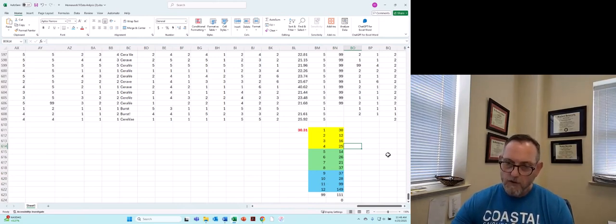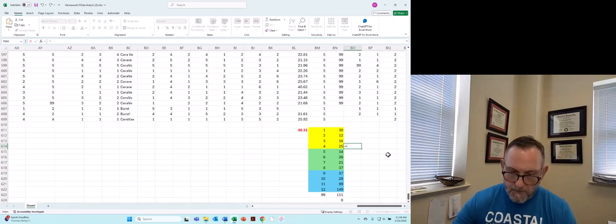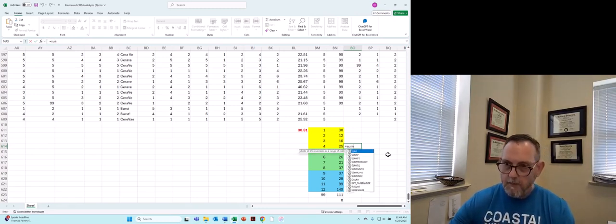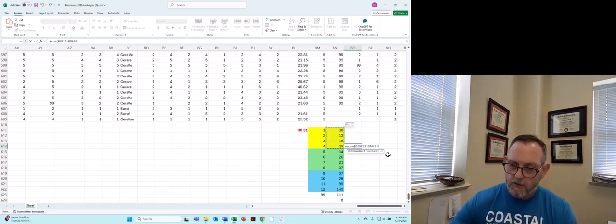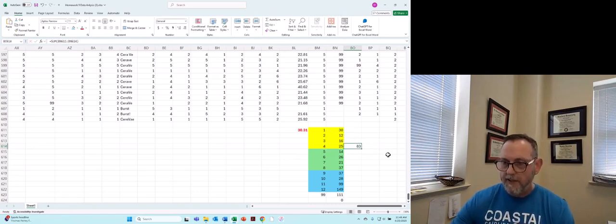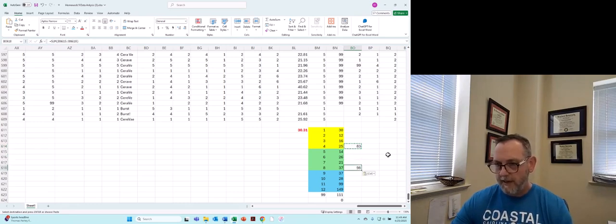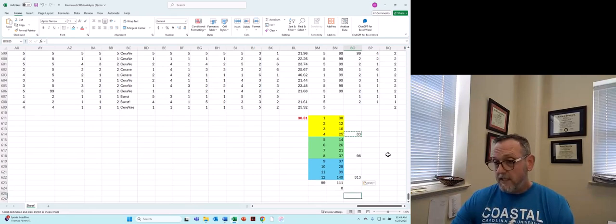So again, we're grinding this out a little bit. We can do a sum of these groups. So 83, what we had earlier, make between 0 and 40,000. Then we have 98 in that middle group. And then we have 313 who report earning the full amount, 80,000 or more.